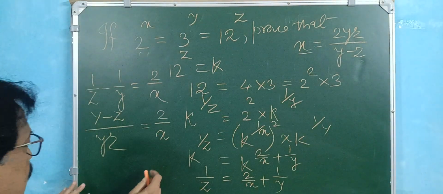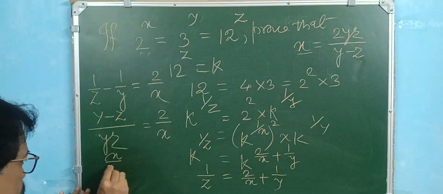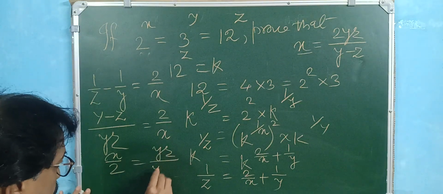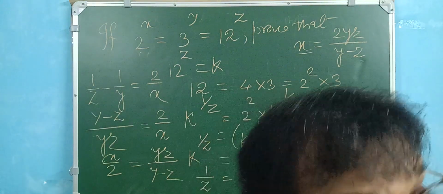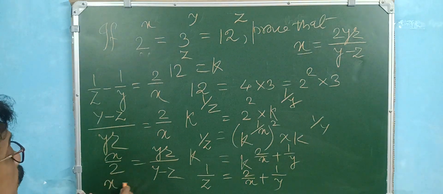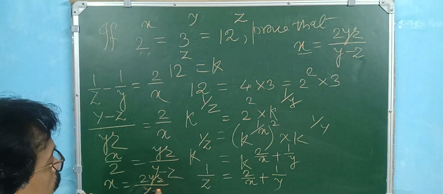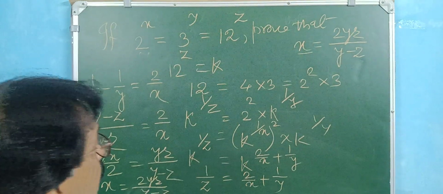So just I reverse this, x by 2, that is equal to yz by y minus z. Reciprocal of this. Now what's the value of x? So x is equal to, 2 is multiplied, 2yz by y minus z. Clear?